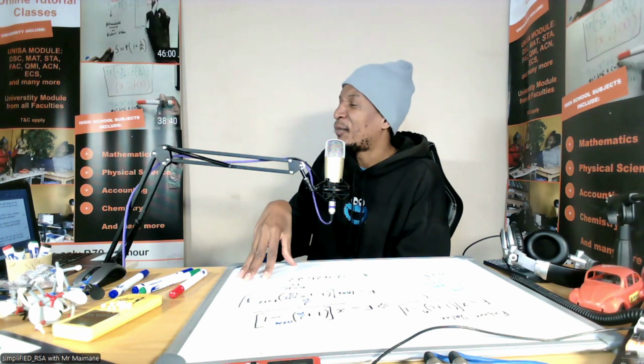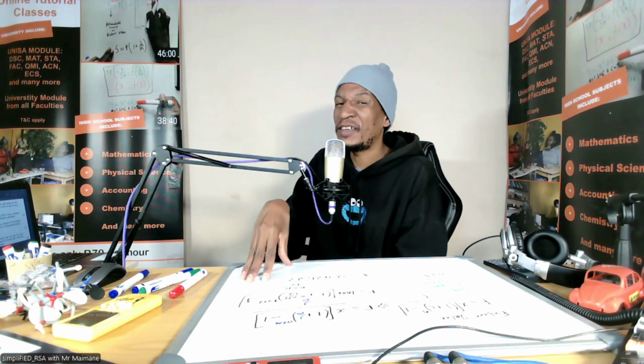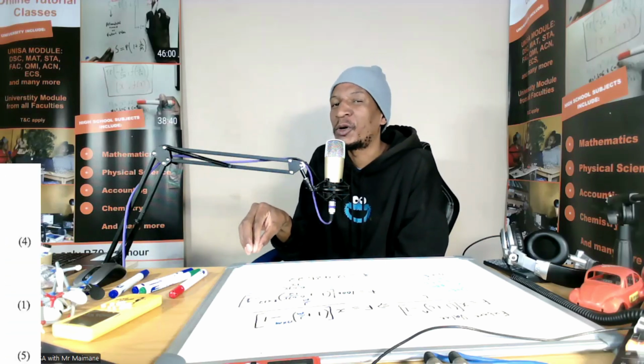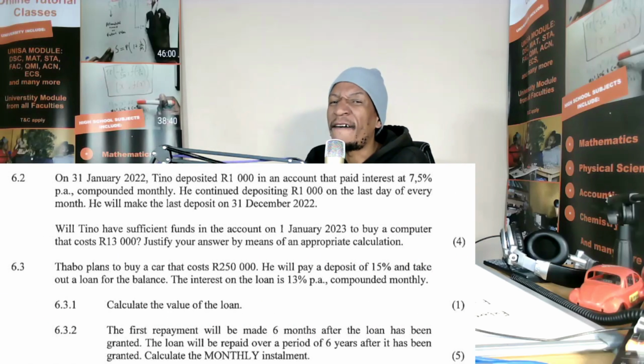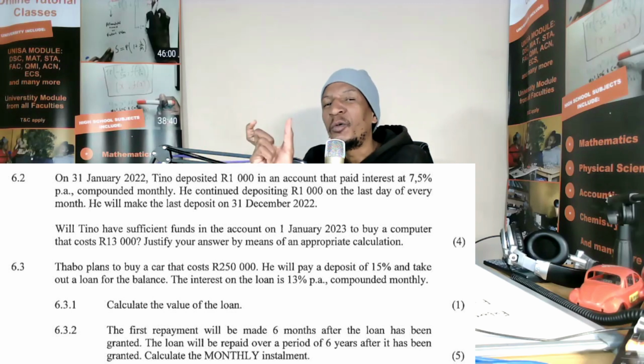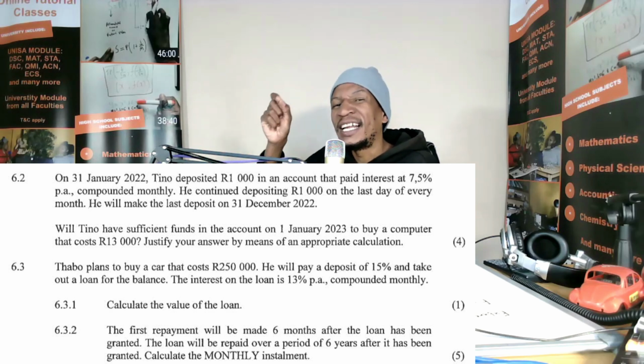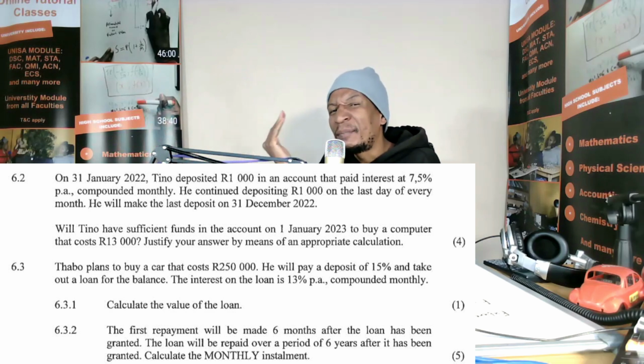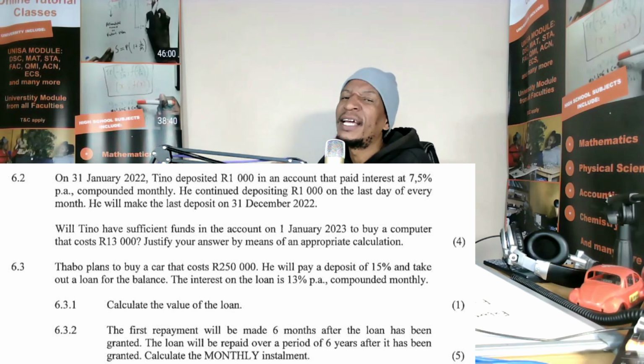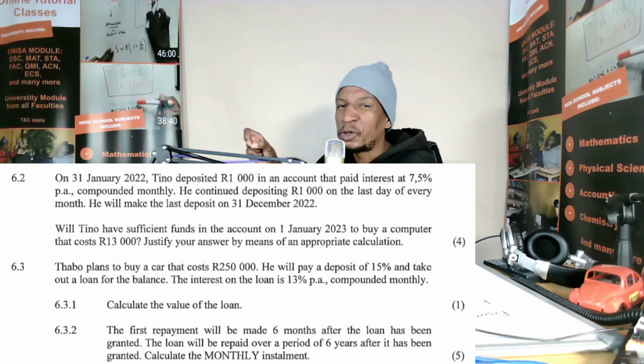And to determine how much will be in the savings after a certain time was the way the question was asked, because we had to find out if Tino will afford the computer, which cost 13,000. So clearly we can tell that Tino is making savings towards the computer. But unfortunately, after 12 months, the money was not enough to reach 13,000. It was just a bit less, by a couple of rands, about 500 rands. So at the end of the day, that's how you approach such a question.